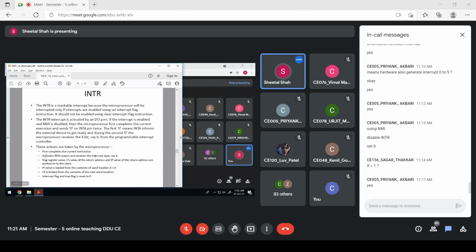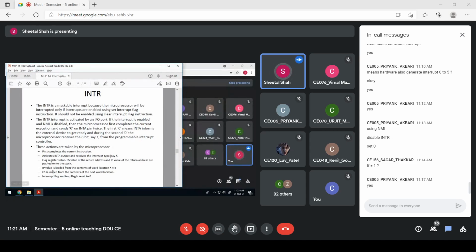So if an interrupt occurs, first it completes the execution of the current instruction which the processor is processing. Then it activates the INTA output and receives the interrupt type number, say X, so that we have seen twice it would send this low signal. Then it gets the segment address as well as the offset value from the interrupt vector table. Before that it has to push the flag register value, the current CS as well as the IP value onto the stack.